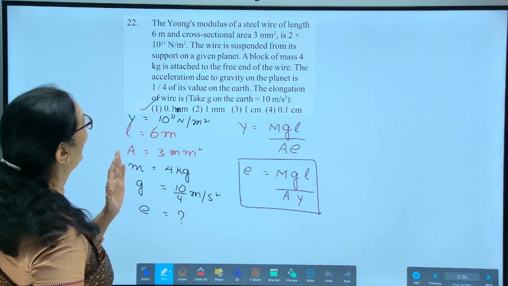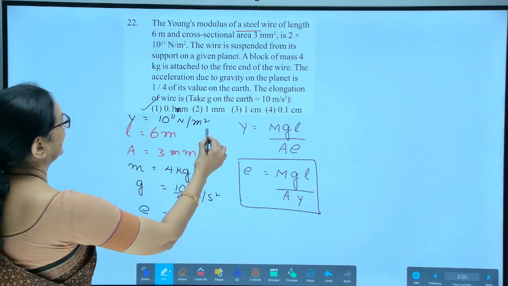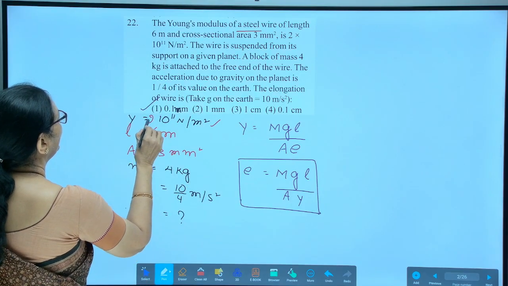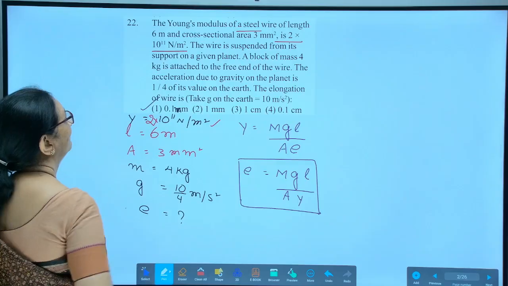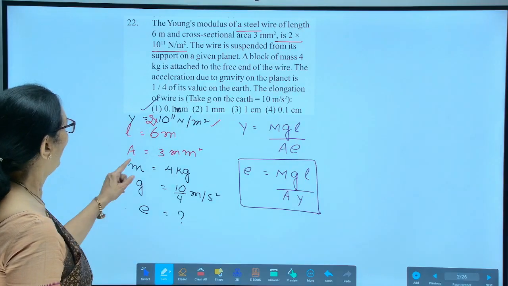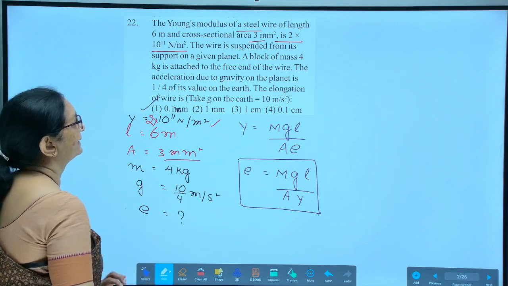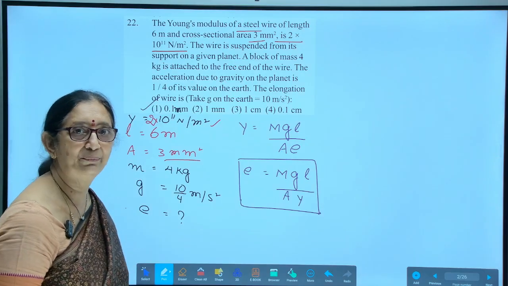Look here, Young's modulus of a steel wire is given as 2 into 10 to the power of 11 Newton per meter square, and cross sectional area is given as 3 millimeter square. The wire is suspended from the support on a given planet.